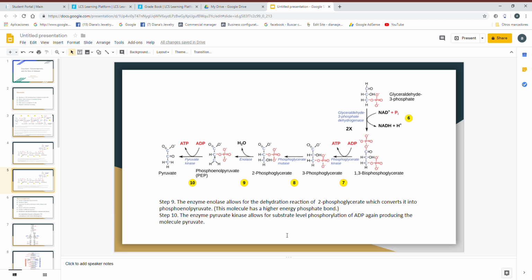This last step is one of the most important steps in glycolysis, because with substrate level phosphorylation, you're removing a phosphate group from one of these molecules and adding it to ADP, adenosine diphosphate, making ATP, which can then be used again as a form of energy by the cell.